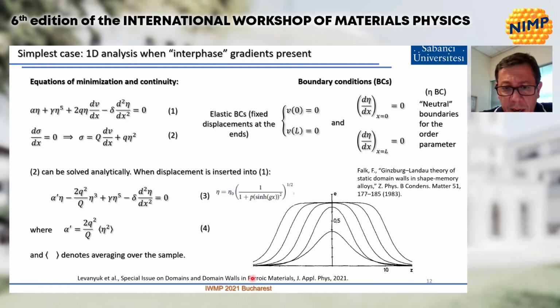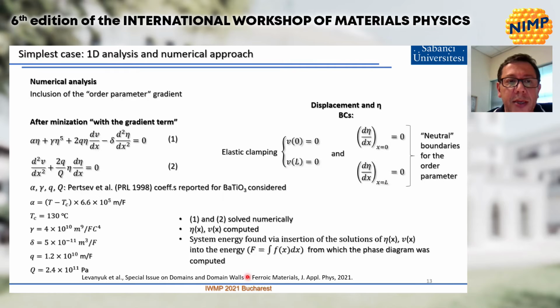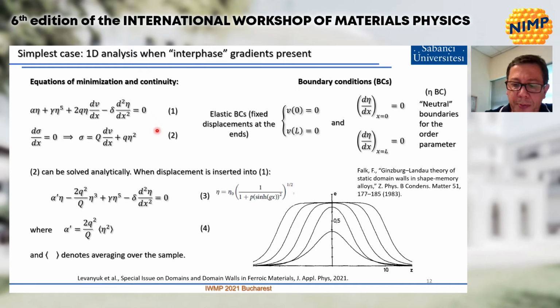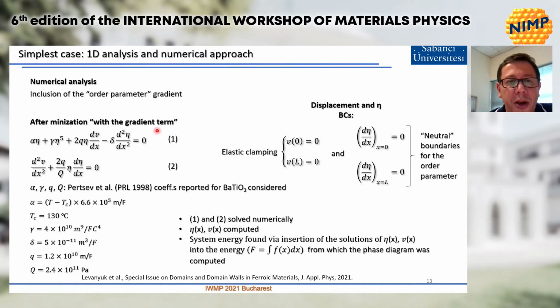The details are already published this year. On top of that, we applied numerics because, again, I don't want to go into the details. This method had some approximations for progress, and then we also took the numerics approach at the same time.